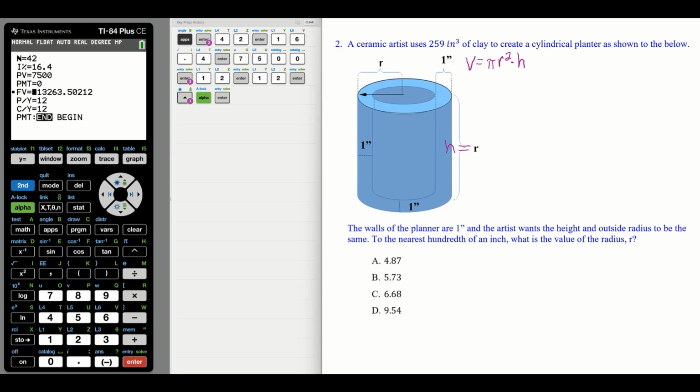Now, height and radius are the same thing. So for our purposes, volume equals pi r to the third because we want to replace that h with r, radius. So that's good. That means this is what we're using.